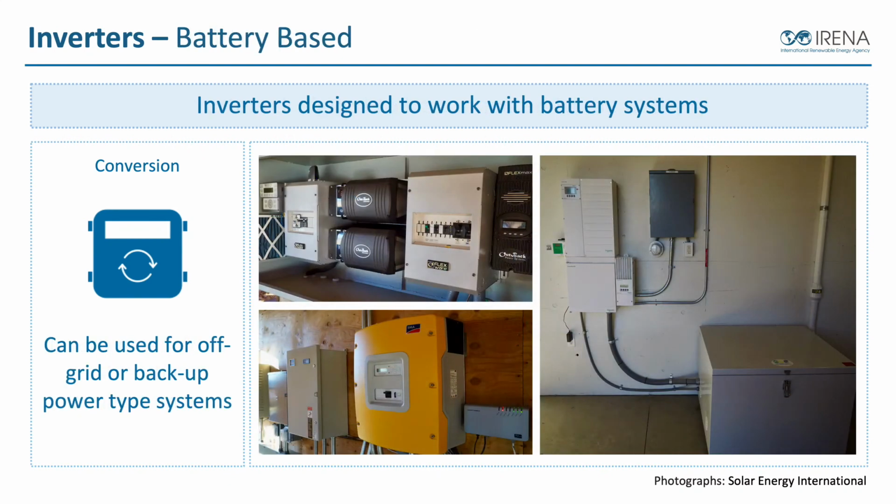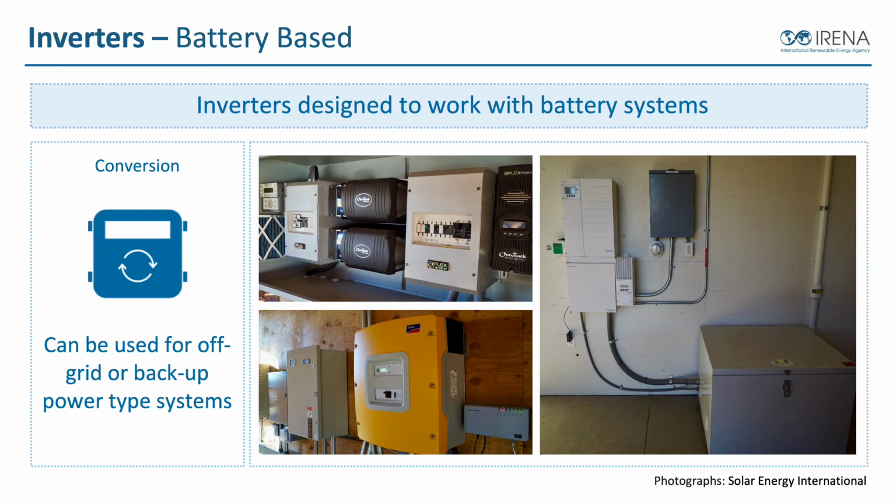Now, if we start to get into battery-based systems, we have different inverters that are intended to be battery-based at all times. These inverters connect with batteries and solar arrays to not only convert DC to AC, but also utilize the battery bank for backup power.